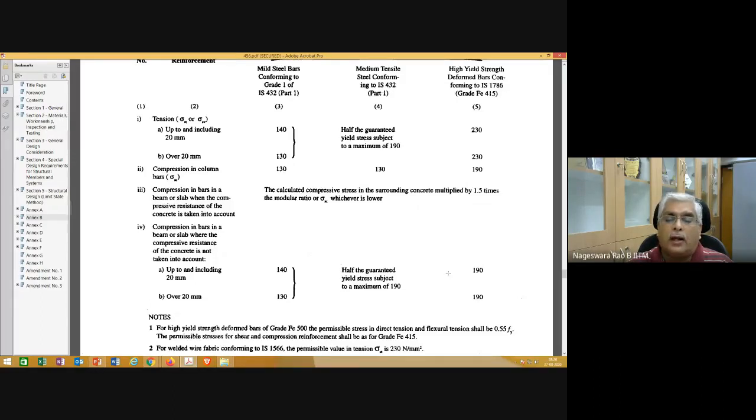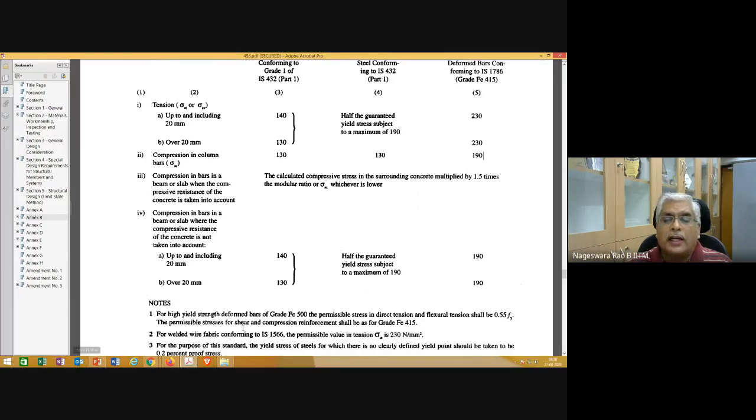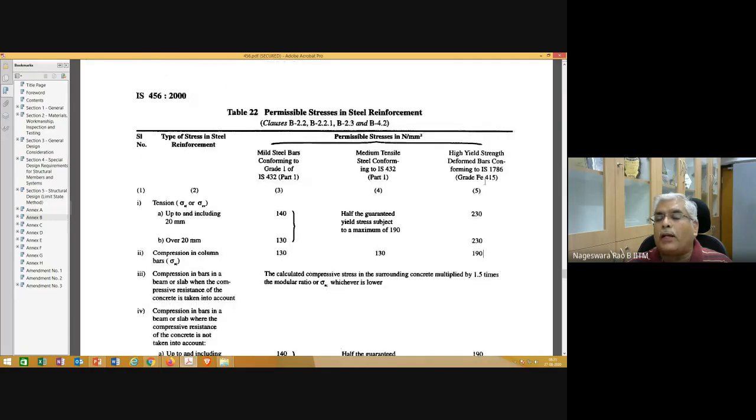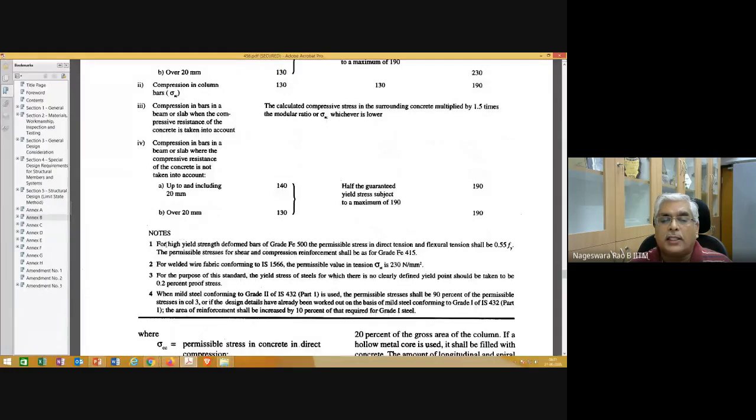Okay. So now you can also read this: up to FE415 only, these columns are given. What about higher grades? Some information on how to handle those is given here. For high yield strength deformed bars of grade FE500, the permissible stress in direct tension and in flexural tension shall be 0.55 Fy.